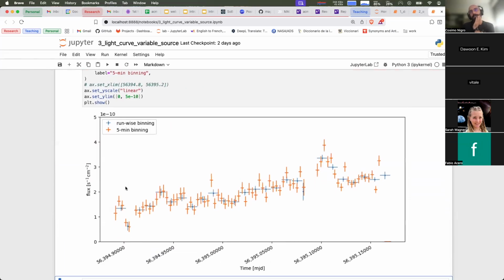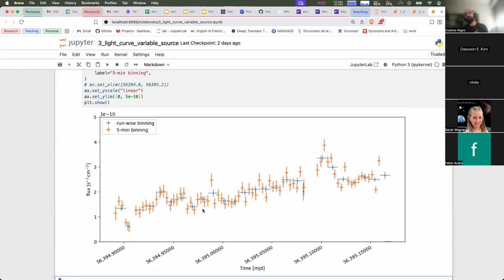Yeah, you can see here in blue the run-wise light curve, so the light curve computed in each observational run, and as you can see, these were 15-minute runs actually, and per each run we have three 5-minute intervals. You see? Yeah, so that's it.